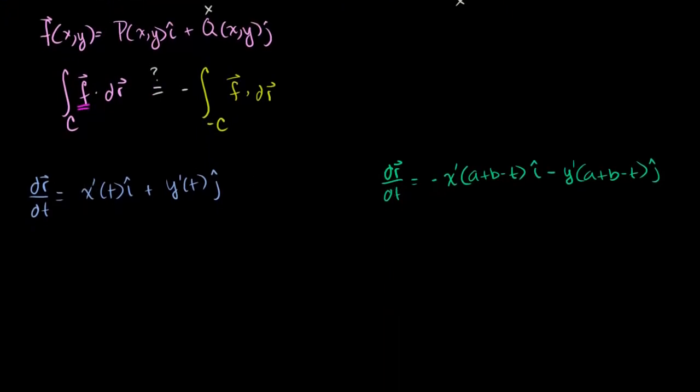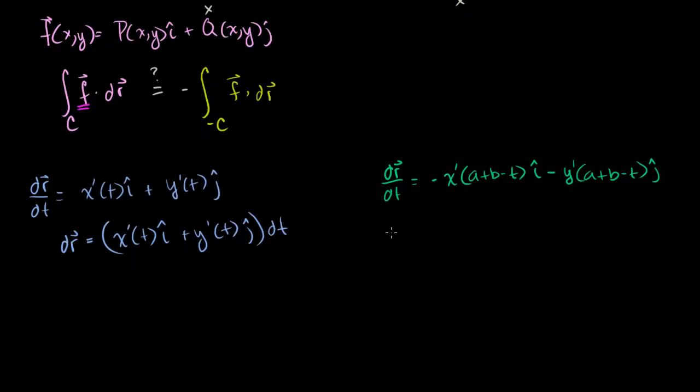And then if we wanted to write the differential dr in the forward curve example, it's going to be equal to x prime of t times i plus y prime of t times j, times the scalar dt. I could multiply it down into each of these terms, but it keeps it simple just leaving it on the outside.